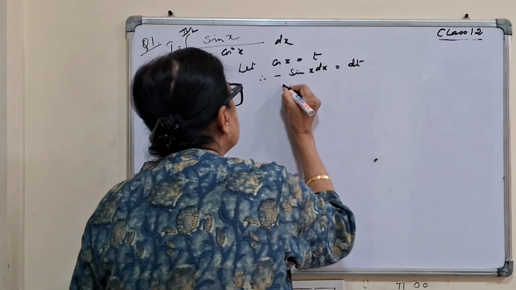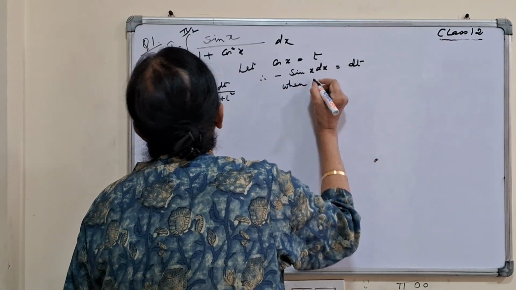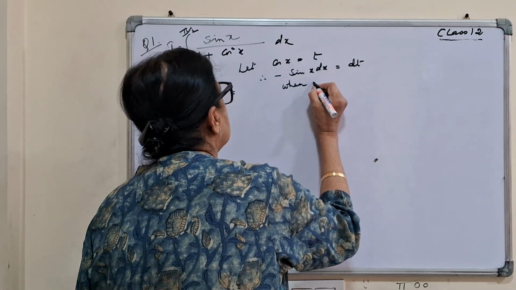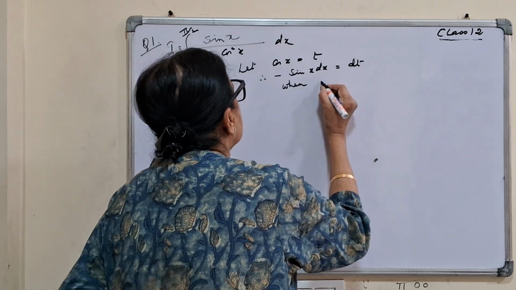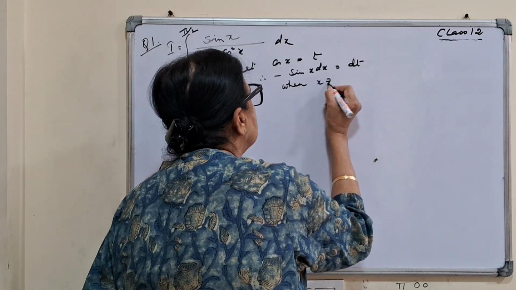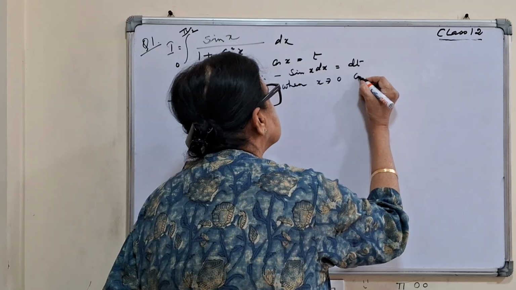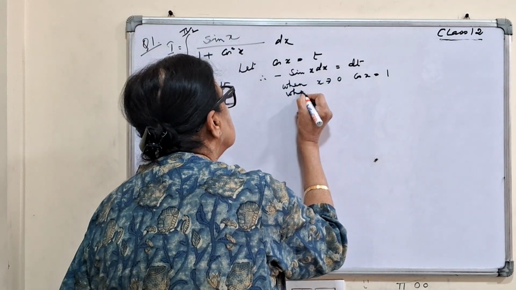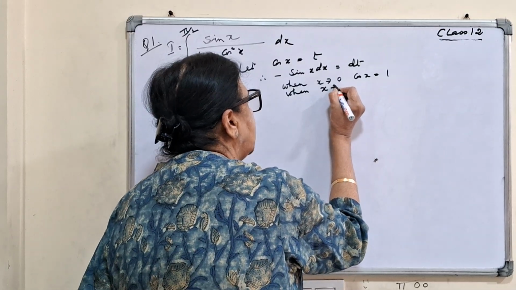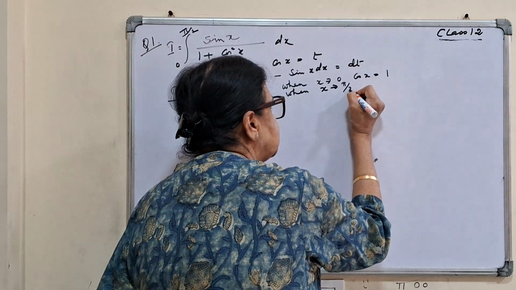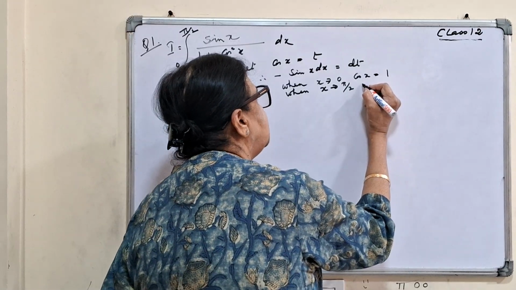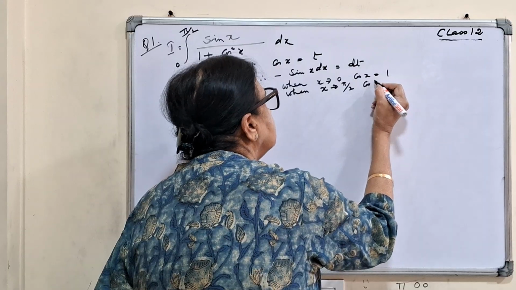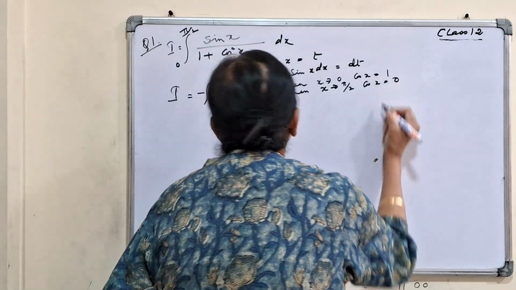When x tends to 0, cos x is equal to 1, and when x tends to pi by 2, cos x is equal to 0.